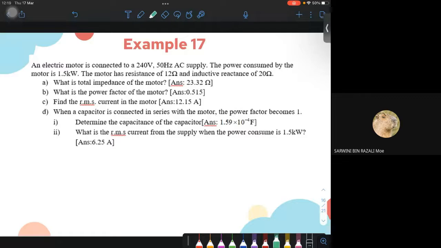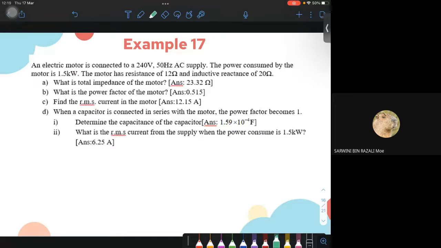An electric motor is connected to a 240 volt, 50 hertz AC supply. The power consumed by the motor is 1.5 kilowatt. The motor has resistance of 12 ohm and inductive reactance of 20 ohm. A. What is the total impedance of the motor?